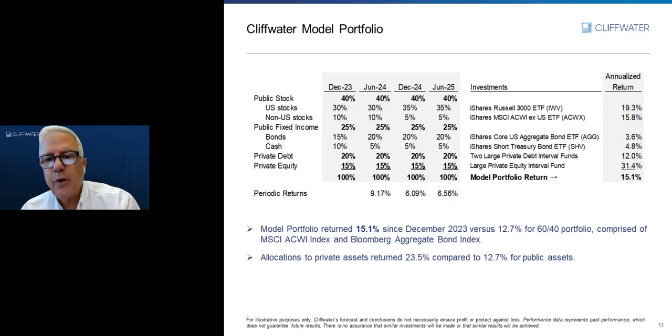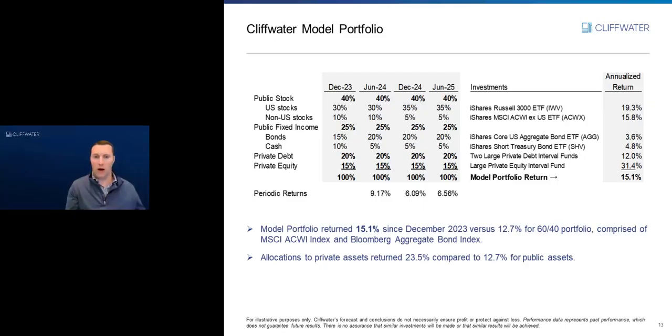Let me just finally point out, we show performance over this 1.5-year period annualized. The model portfolio has done 15.1% on an annualized basis, which is better than what we would have thought. I think our expectation is something more on the order of a 10% compound annual return from this type of model portfolio.